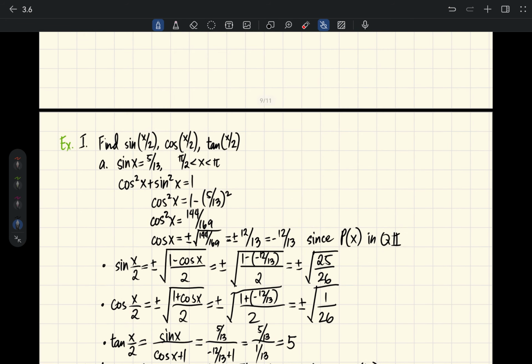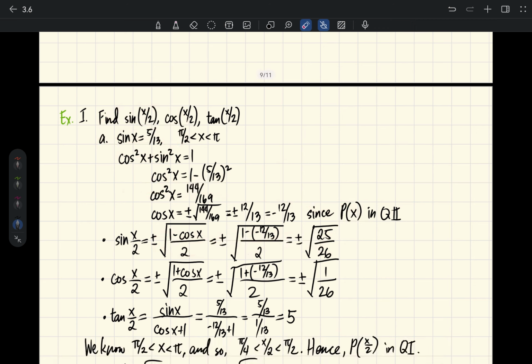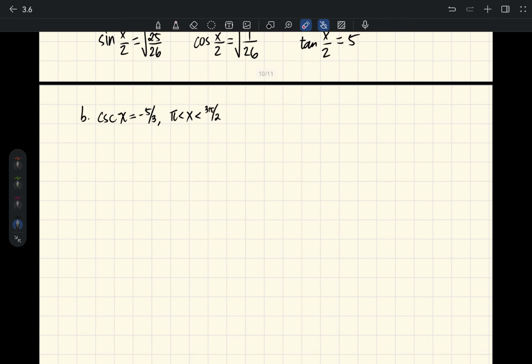First, we need sine x and cosine x. So first, we have here cosecant x, which will directly give us sine x. So we have that sine x is just the reciprocal of cosecant x, which is negative 3 over 5.